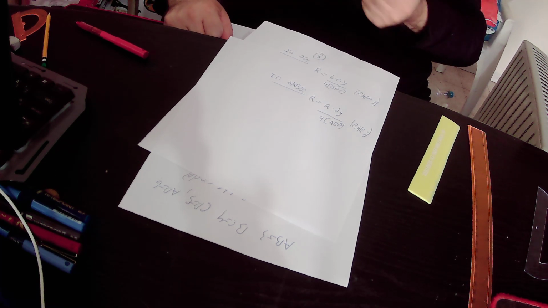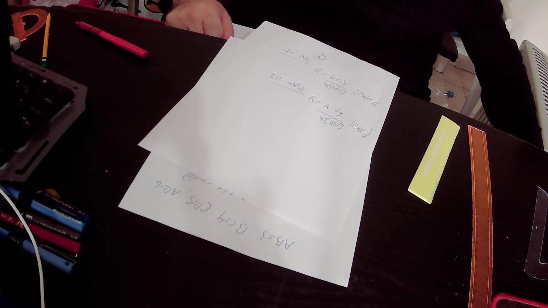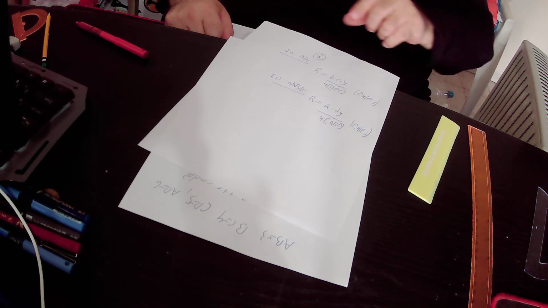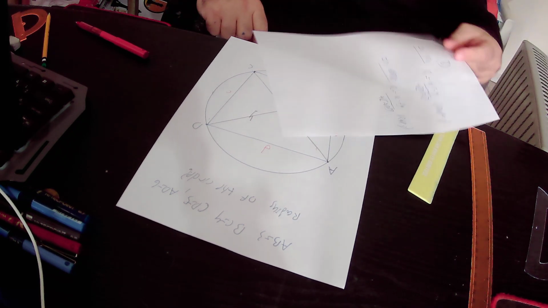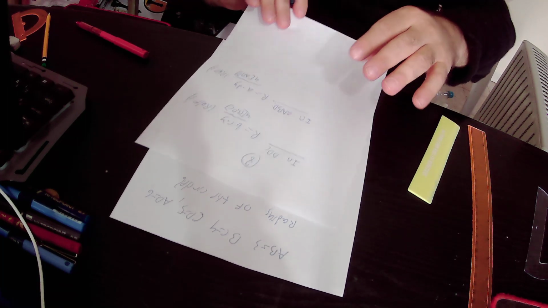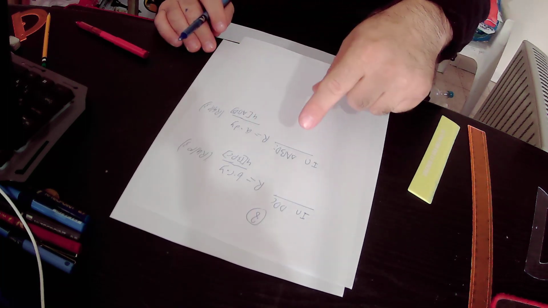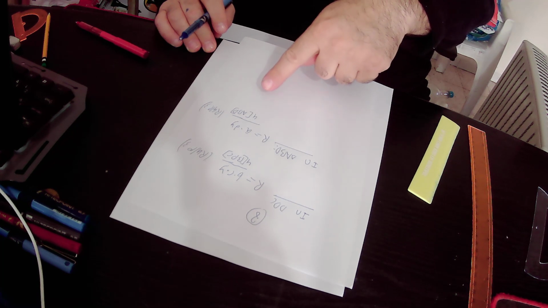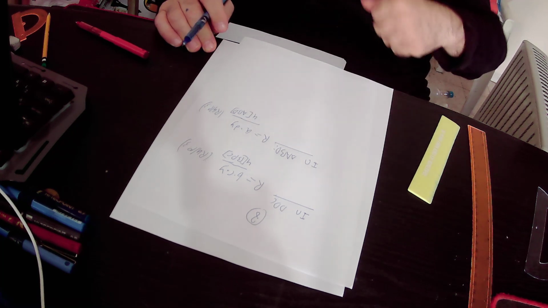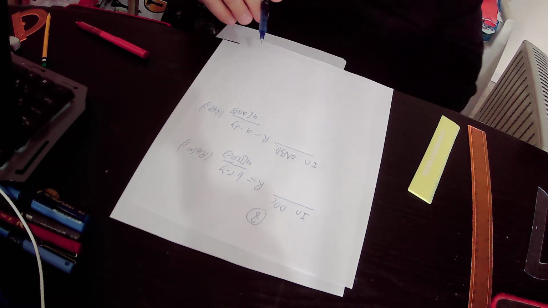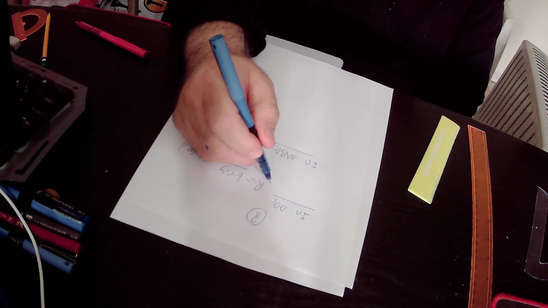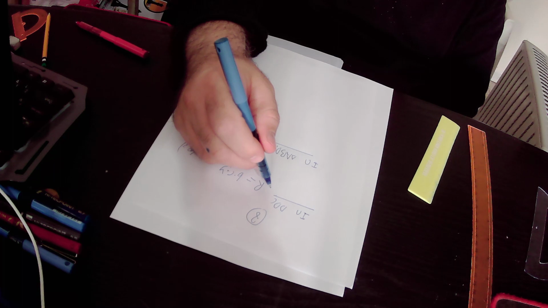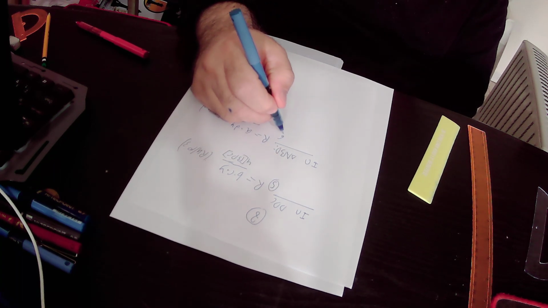Okay, so now we'll repeat the same process as we did on X. We will find the areas of triangle BDC and triangle ABD from those equations. We will define this equation as equation number 5, and this equation is equation number 6.